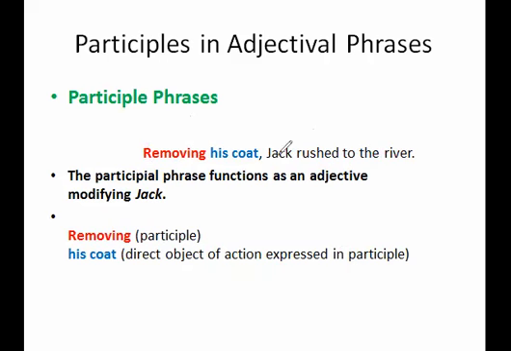So if we look at it this way, Jack rushed to the river. The idea is complete. This portion, removing his coat, is telling us something more about this sentence, about Jack.